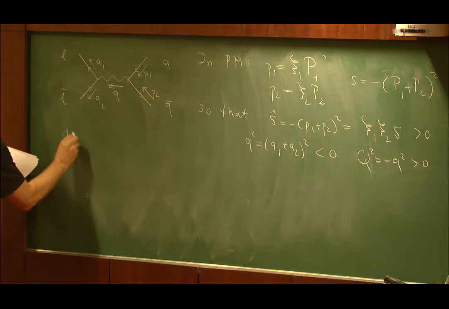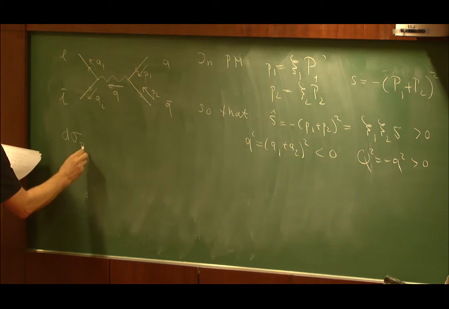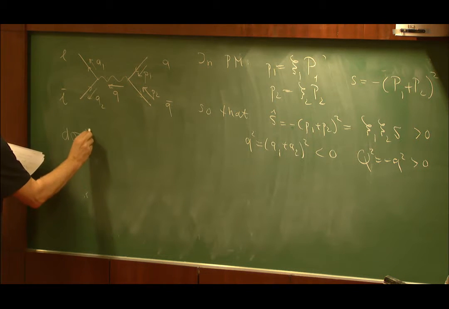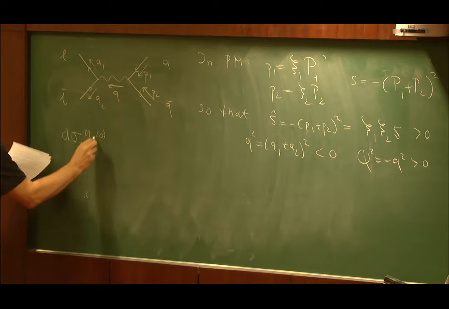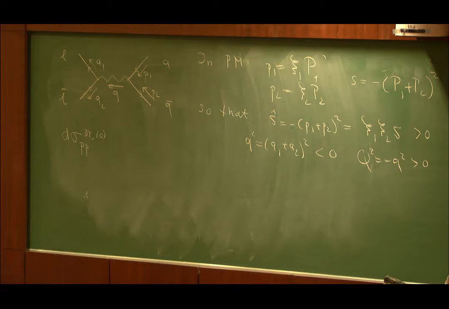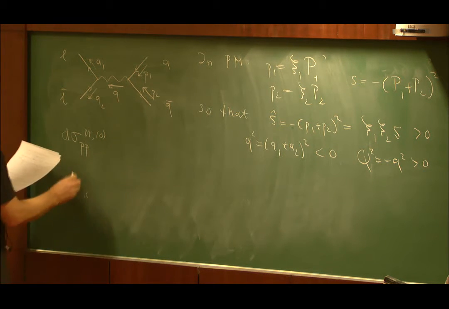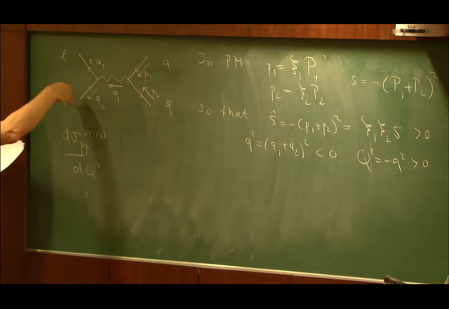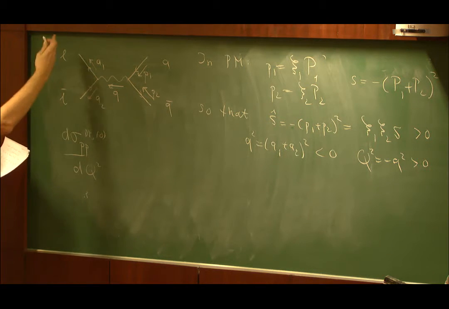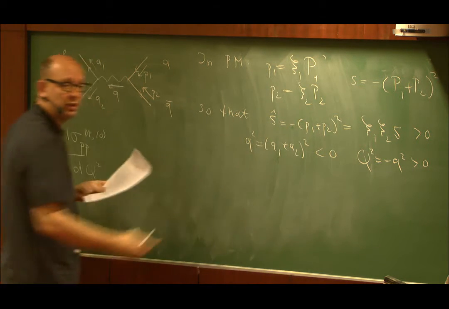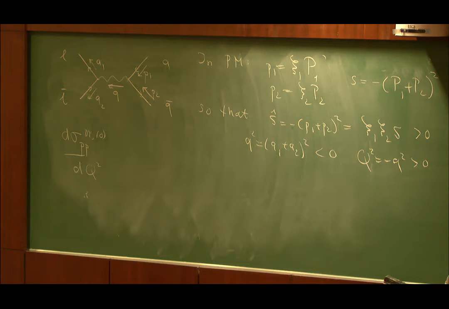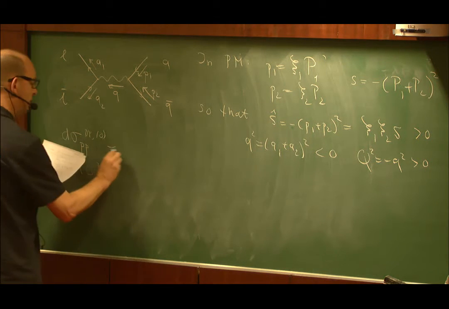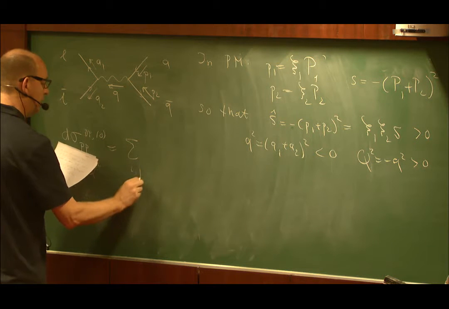So, the cross-section for proton-proton collisions for Drell-Yan at the lowest order, so I'll write a 0 here, meaning no QCD corrections yet, differential in Q squared. So Q squared is the invariant mass of this final state, right? It's the sum of the two final state momenta squared. It can be written as the sum over i and j.